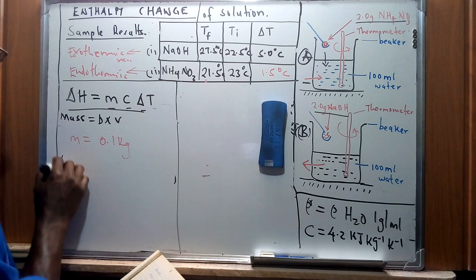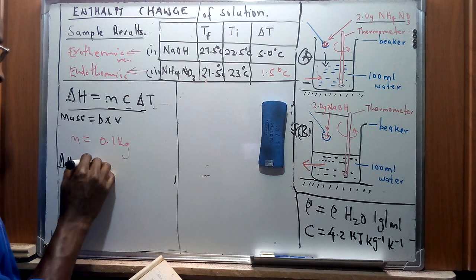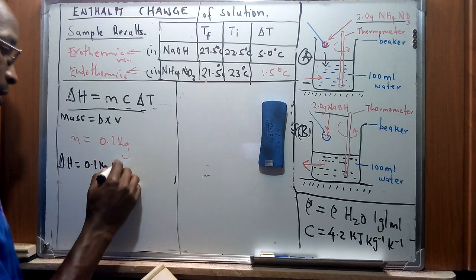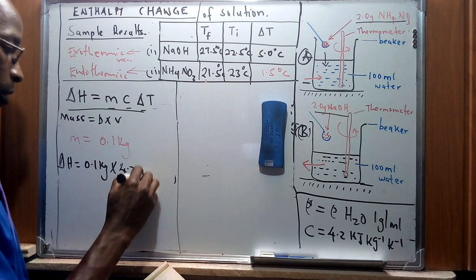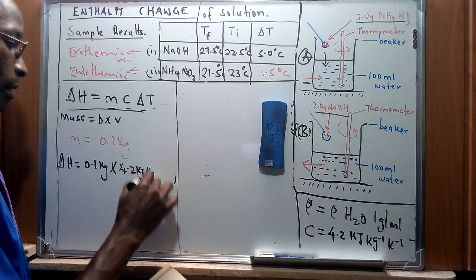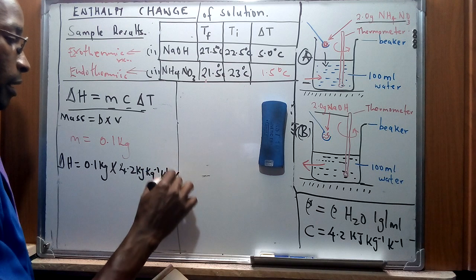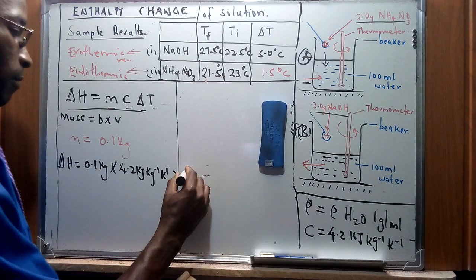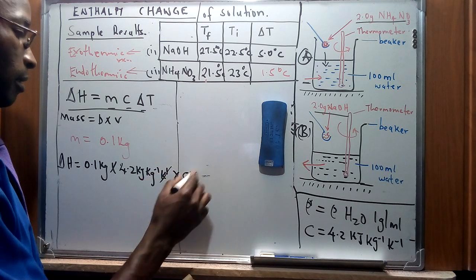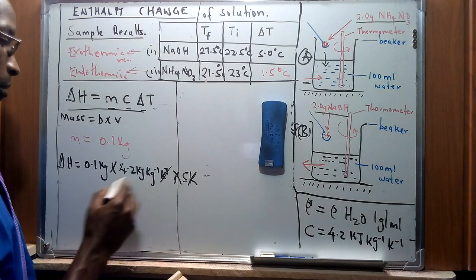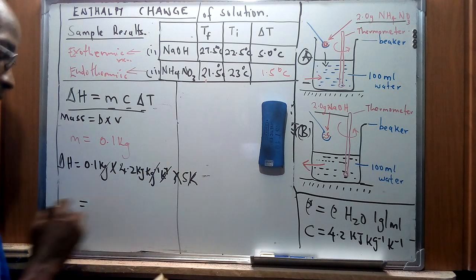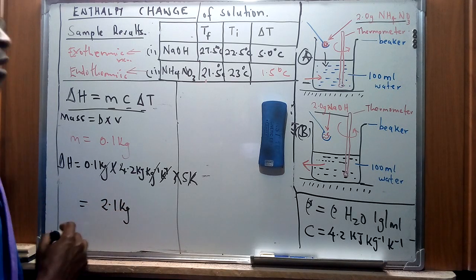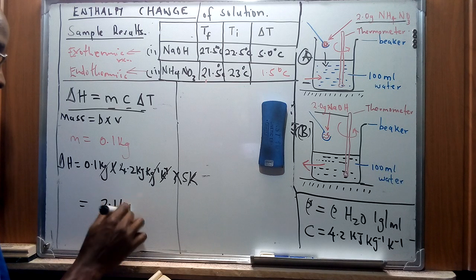Therefore we're going to have delta H given as 0.1 kgs times the specific heat capacity for water per Kelvin times the temperature change, that is going to be 5 kelvins. I've given this specific dimension for easy calculation. So this is going to be 2.1 kilojoules of heat.